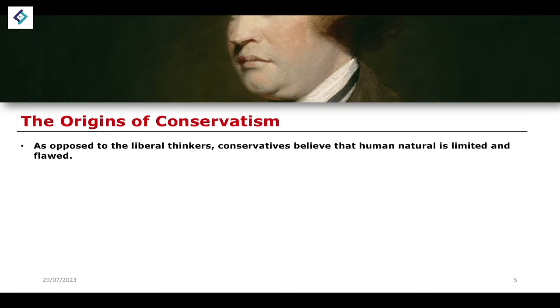As opposed to liberal thinkers, conservatives would believe that human nature is limited and inherently very flawed. If you remember back to when we looked at human nature for liberals and how people like John Locke understood it, we had a much more positive understanding of what human nature essentially is. The idea that if we lived in a state of nature, things would be quite tolerable.